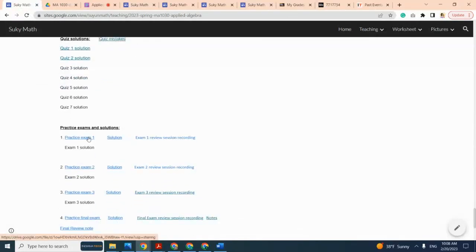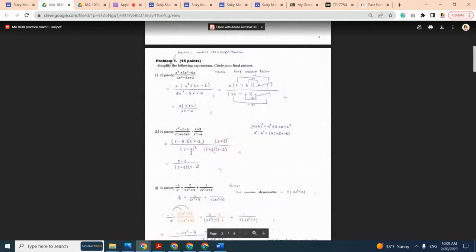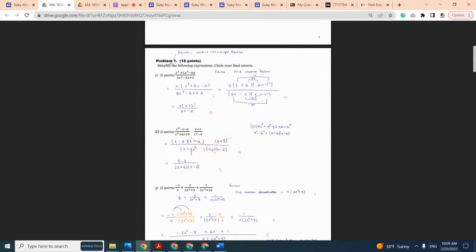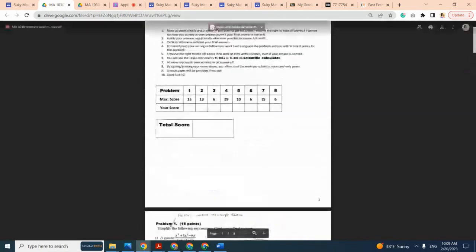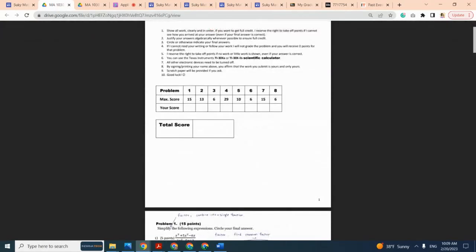This is a practice exam, and after you finish it, you use a red pen to grade your work. You also need to estimate your score: how many steps you have reached, subtract how many mistakes you have made. Estimate your score, and then add them up to get a total score. I want you to compare this score and your actual exam score.